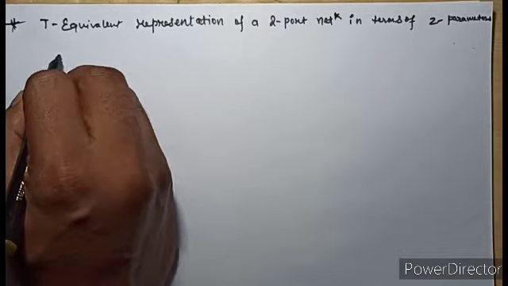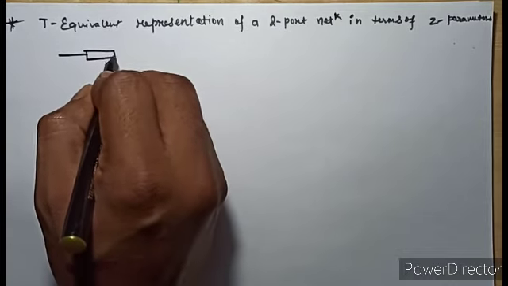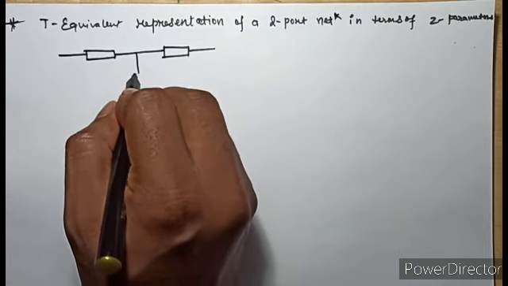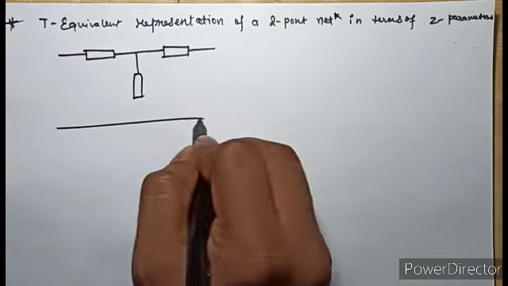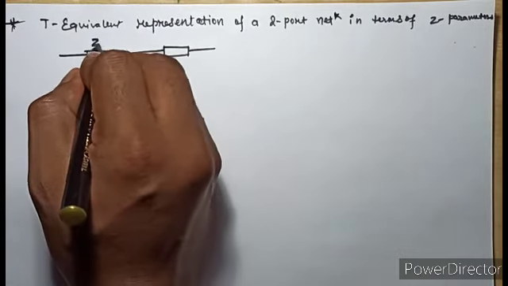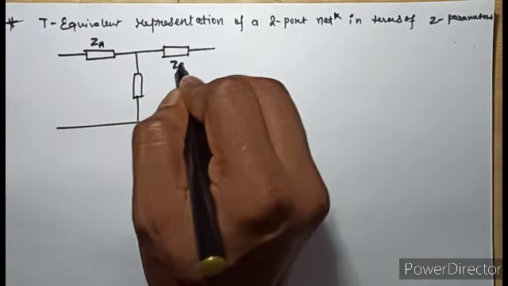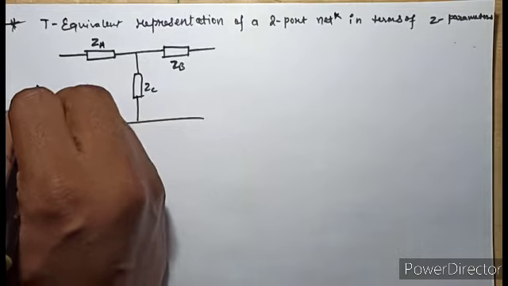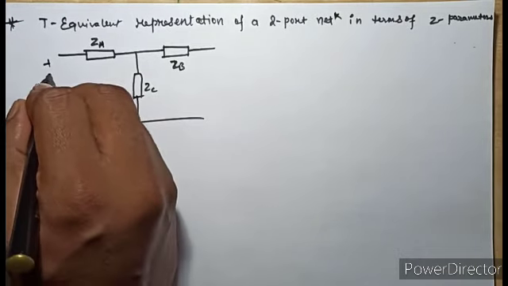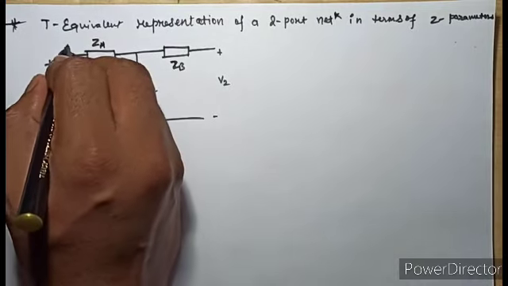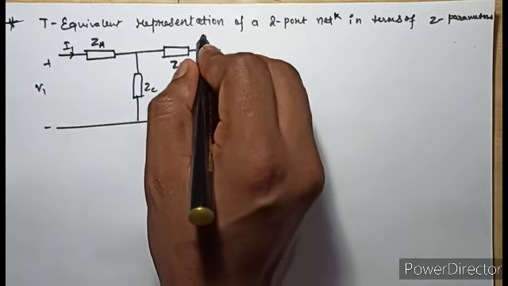Means if a T network is given like this, this is our ZA, ZB and ZC. This is V1, V2, I1 and I2.